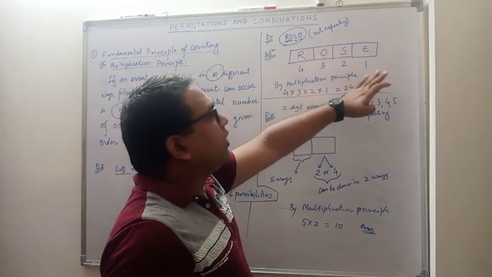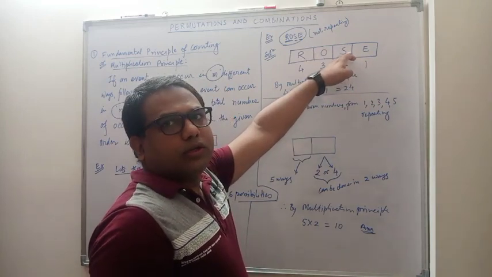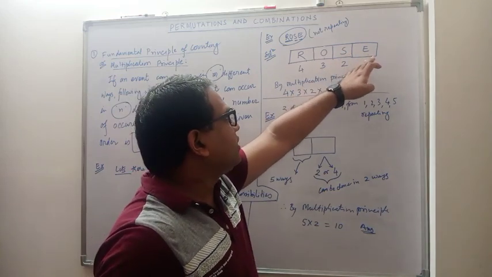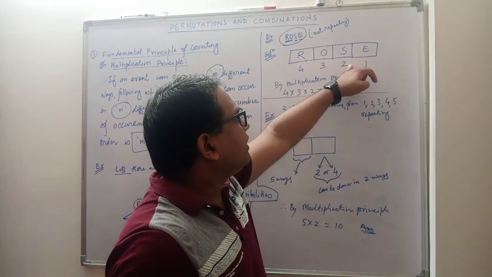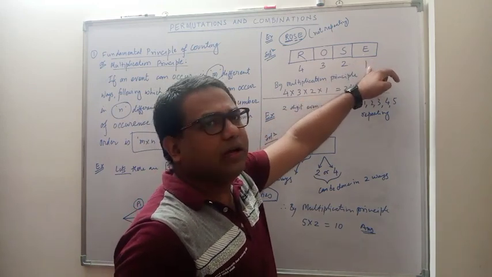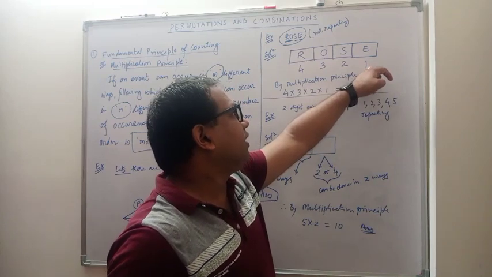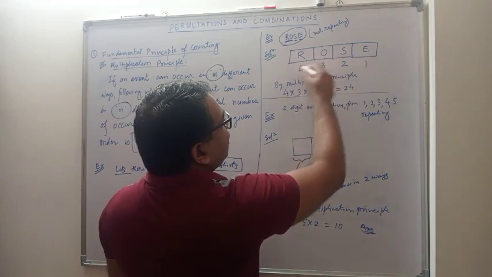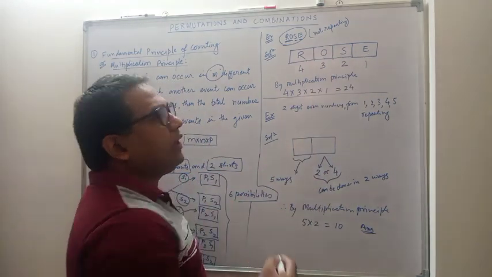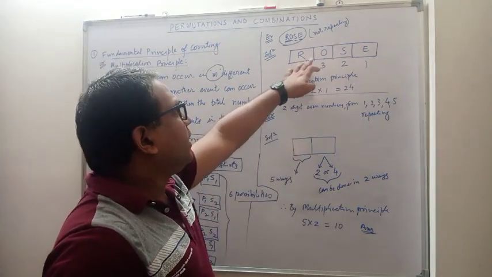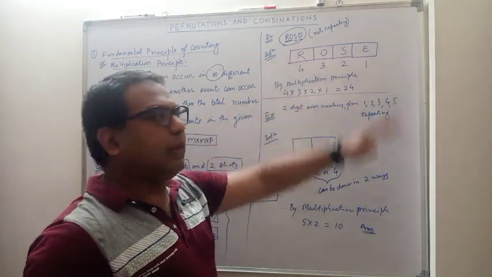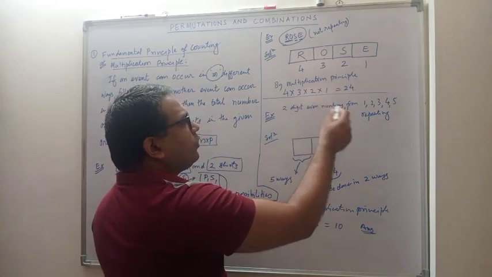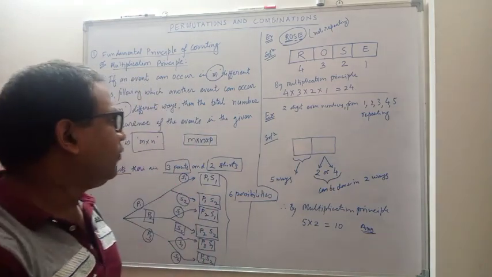Then the remaining portion has only two, so I can put any one letter out of these two remaining. And the last one that will come is 1. So by the multiplication principle, since there are four events going on, one following the other, we use 4 into 3 into 2 into 1, therefore it will be 24.